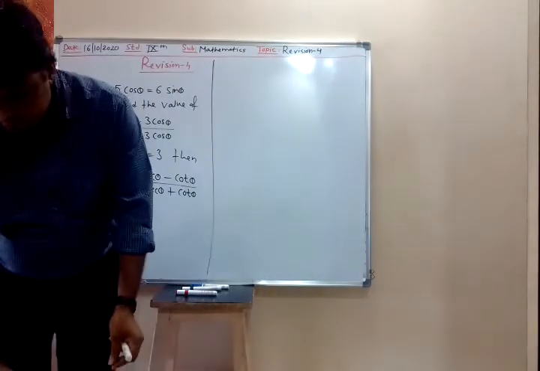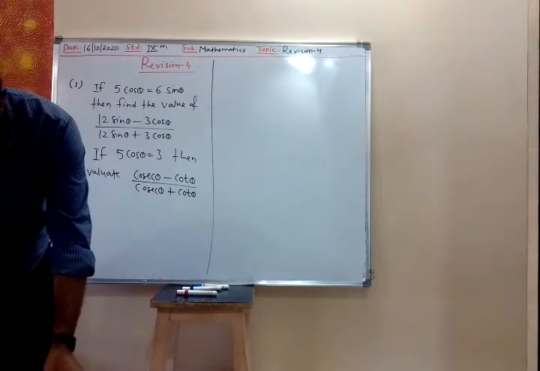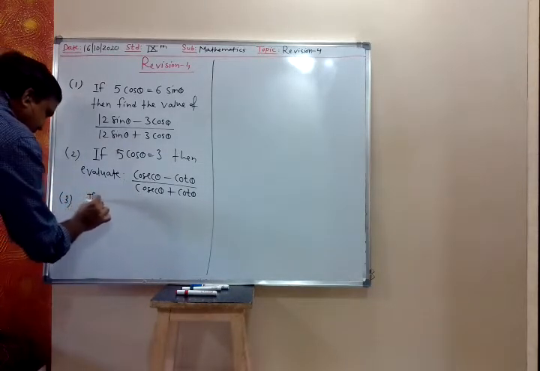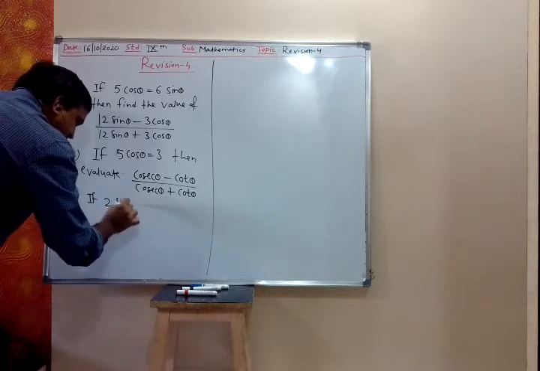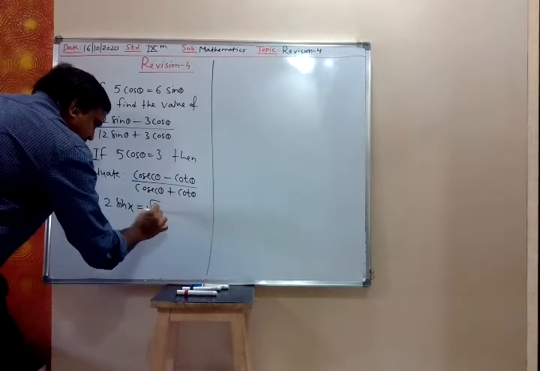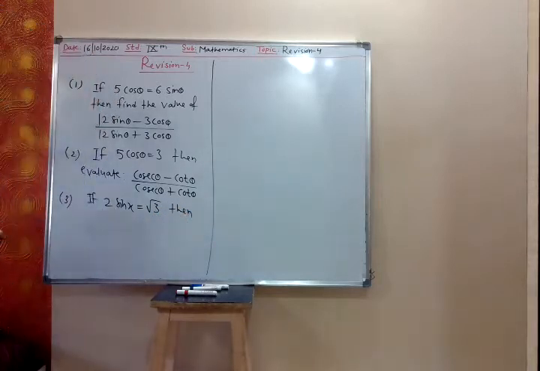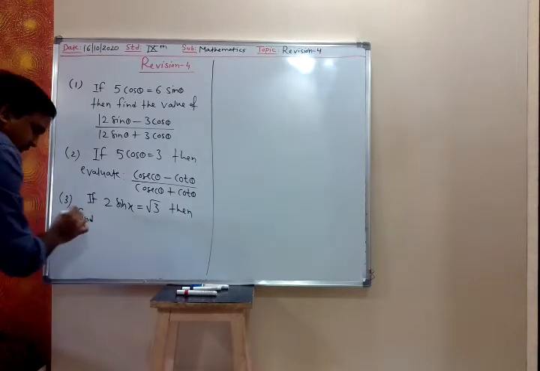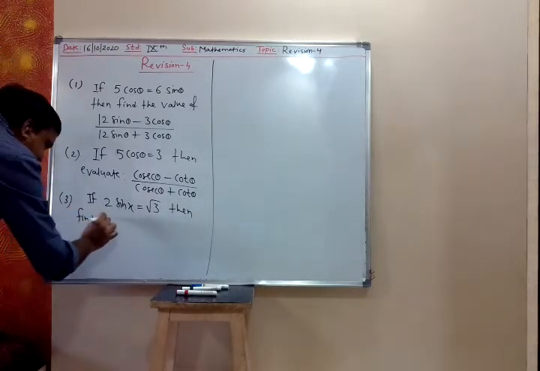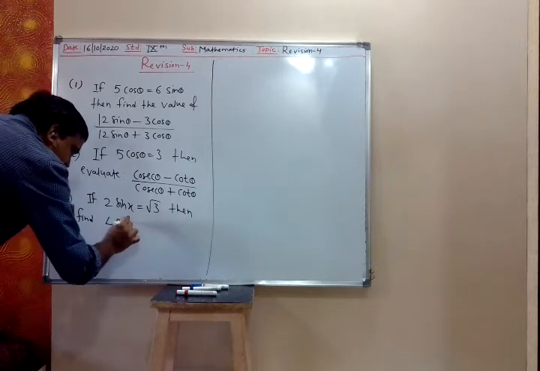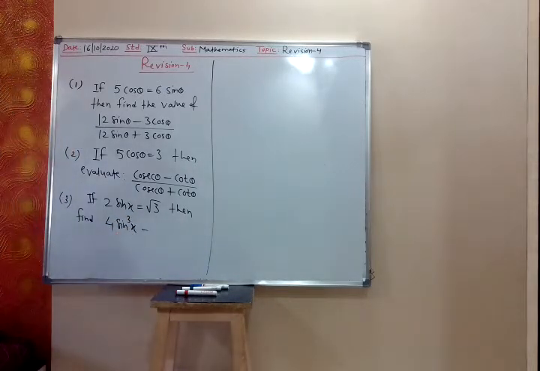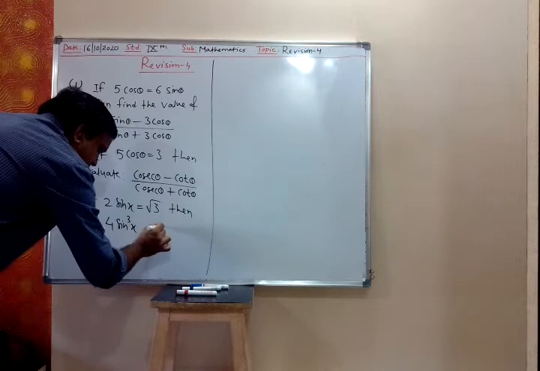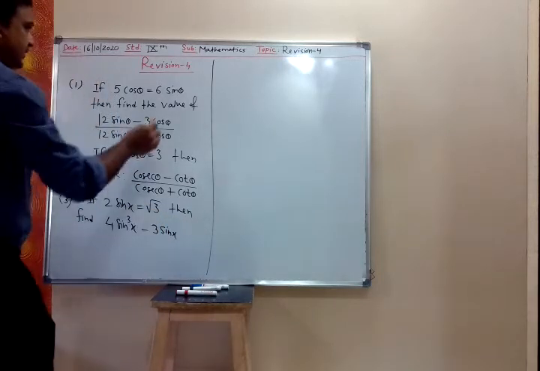Then, if 2 sin x is equal to root 3, then find 4 sin cube x minus 3 sin x. Then fourth.